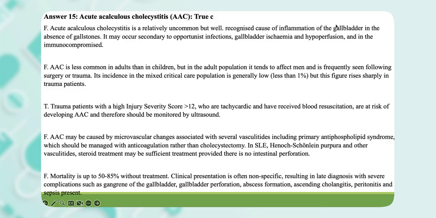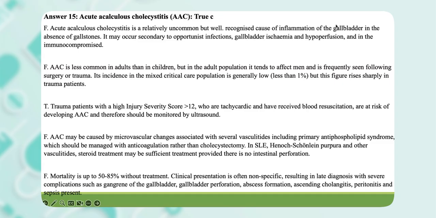Acalculous cholecystitis may be caused by microvascular changes associated with several vasculitides, including primary antiphospholipid syndrome, which is also managed with anticoagulants rather than cholecystectomy. So SLE, Henoch-Schonlein purpura and other vasculitis, steroid treatment may be sufficient treatment, provided there is no perforation.